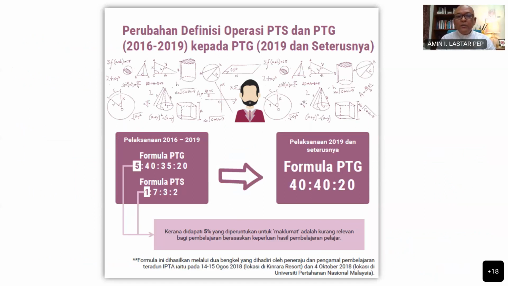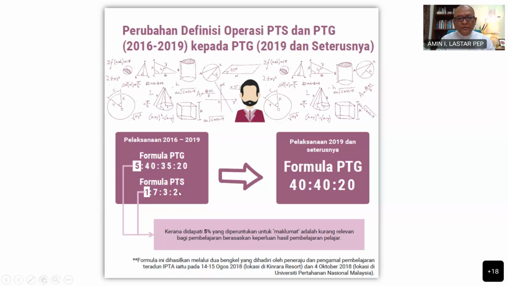Okay, this is the perubahan definisi operasi PTS and PTG. PTS is what we've been implementing before. Right now we are implementing PTS, but later we will implement PTG. Since 2016 to 2019 was PTS, kepada PTG 2019 dan seterusnya. Meaning to say, we've been using this formula PTS 1732 down here. Can you move your cursor to 1732?